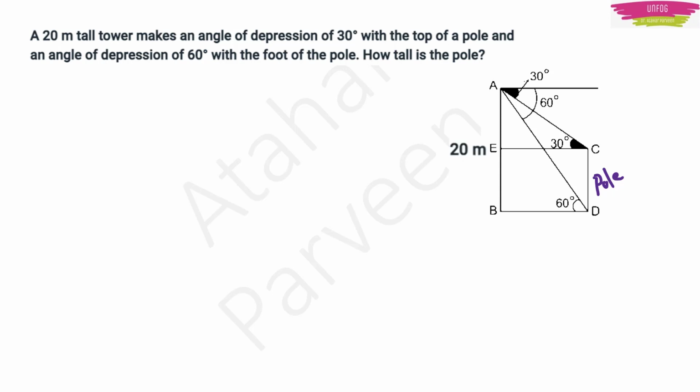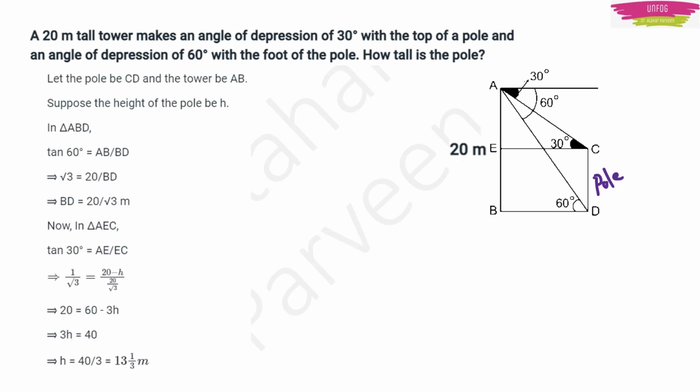Now it is given that there is a tower which is 20 meters in height. Okay. Suppose we are putting the height of the pole as h. In this triangle ABD, we have tan 60 which will be equal to AB upon BD. Just substitute the values. Now again take the other triangle AEC, the upper triangle. In this triangle, you can see that tan 30 will be equal to AE upon EC.